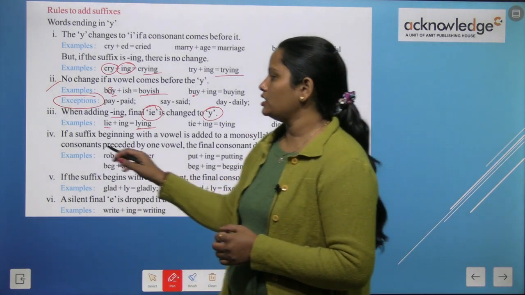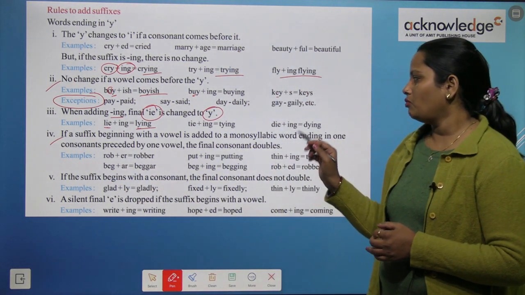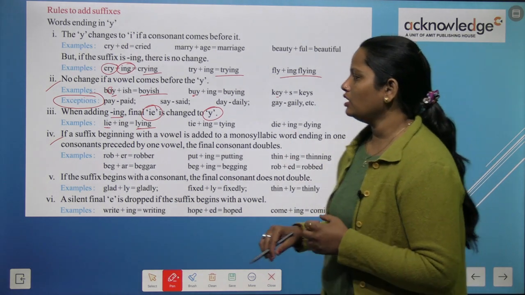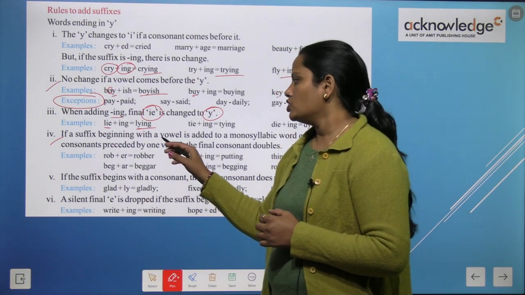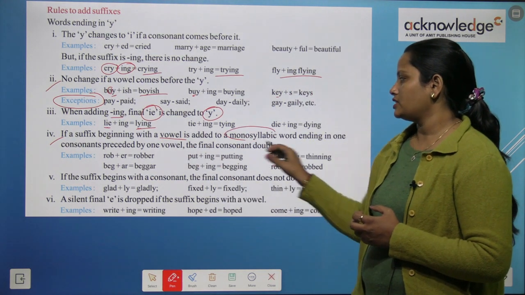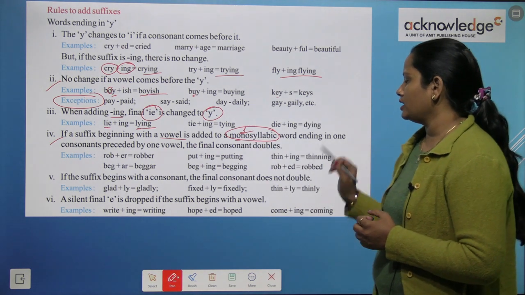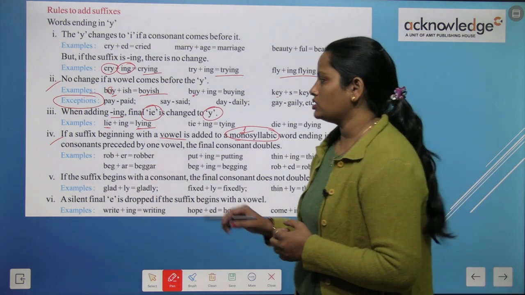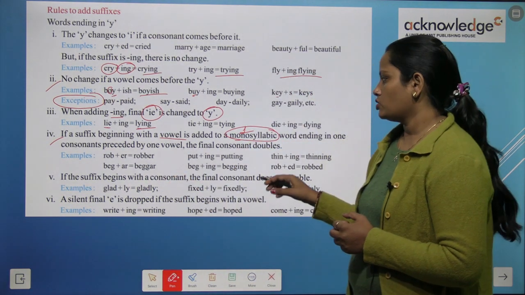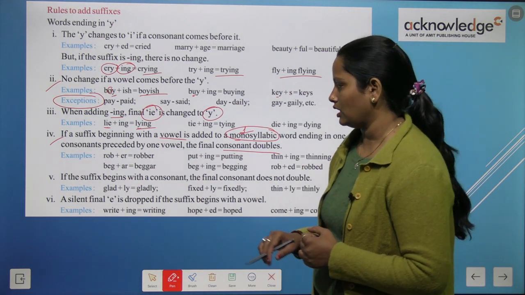Now the fourth point is if a suffix beginning with a vowel is added to the monosyllable. So अगर एक suffix जो है if a suffix beginning with a vowel. So कोई ऐसा suffix जो vowel से start हो रहा है, this is added. Mono means one. Word ending in one consonant preceded by one vowel, the final consonant doubles. So इस केस में जो फाइनल कॉन्सोनेंट है वो डबल हो जाता है.